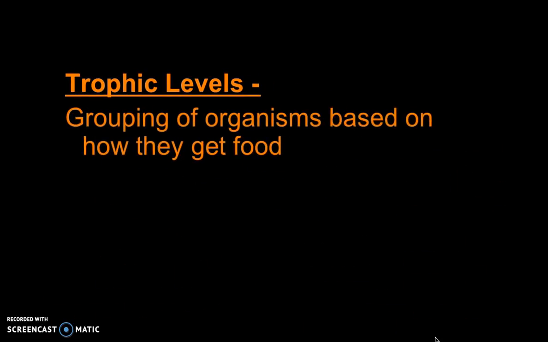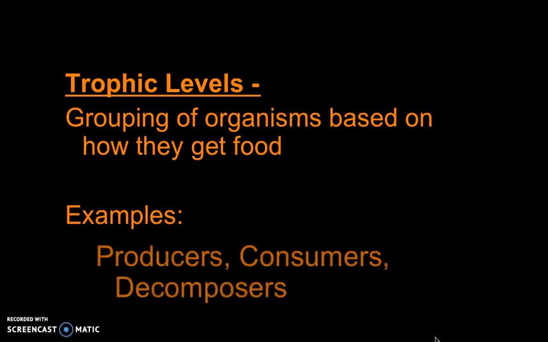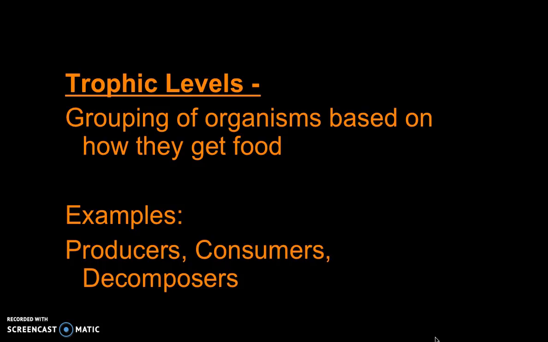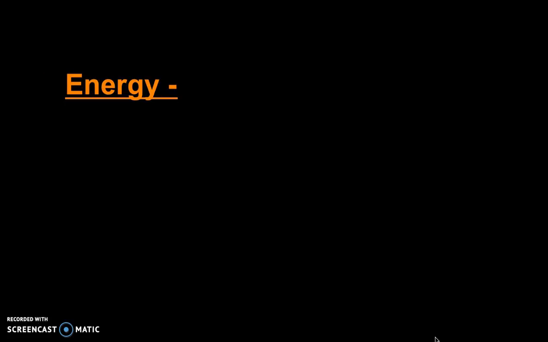Trophic levels are groups of organisms based on how they get food, and there are three main trophic levels. They are producers, consumers, and decomposers. And if you remember back to when we did food webs, we used these words: producers, consumers, and decomposers.